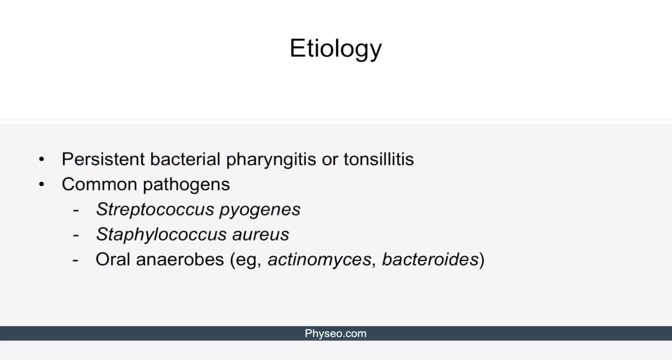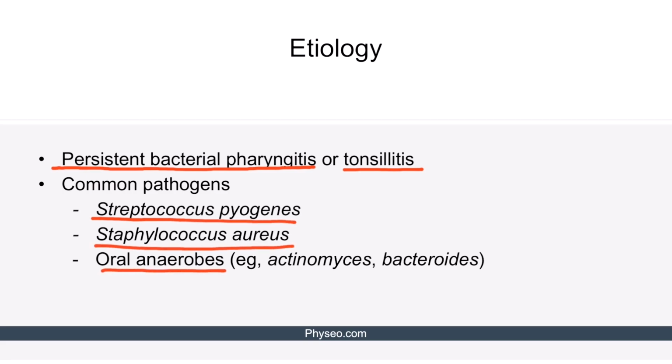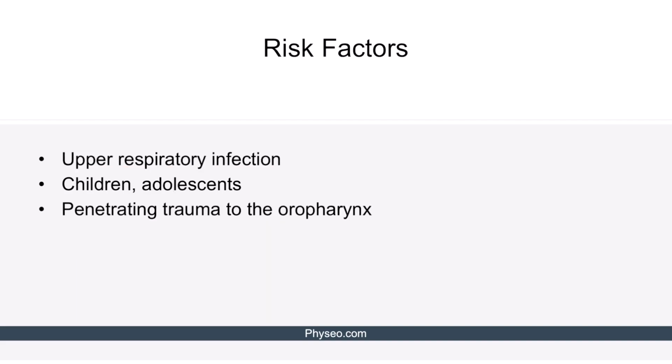Similar to peritonsillar abscess, retropharyngeal abscess is also typically caused by a persistent bacterial pharyngitis or tonsillitis. The common pathogens include strep pyogenes, Staph aureus, and oral anaerobes, such as actinomyces and bacteroides. Retropharyngeal abscesses are most commonly preceded by an upper respiratory infection, and they typically manifest in children and adolescents, but mostly children between the ages of 6 months and 6 years.